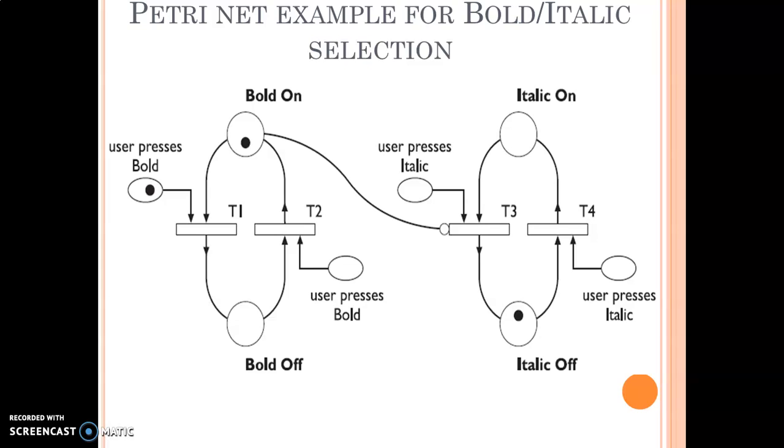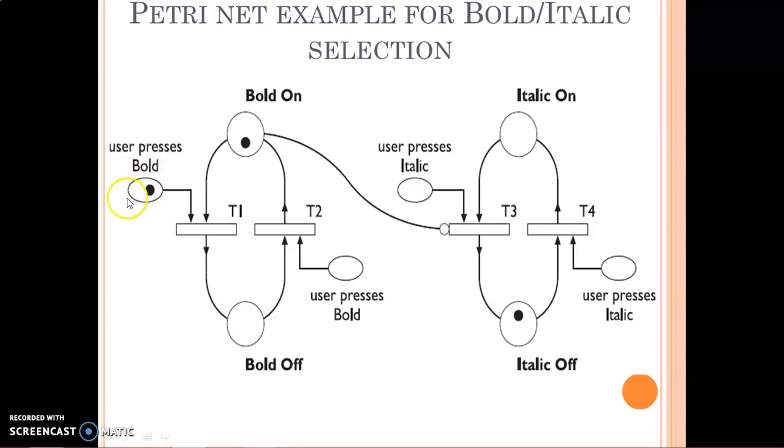There are three counters, one in the bold on place showing that the bold toggle is currently on. So there are three counters saying bold is on over here, the first one. One in the italic off place. So bold on, bold off, italic on and italic off.